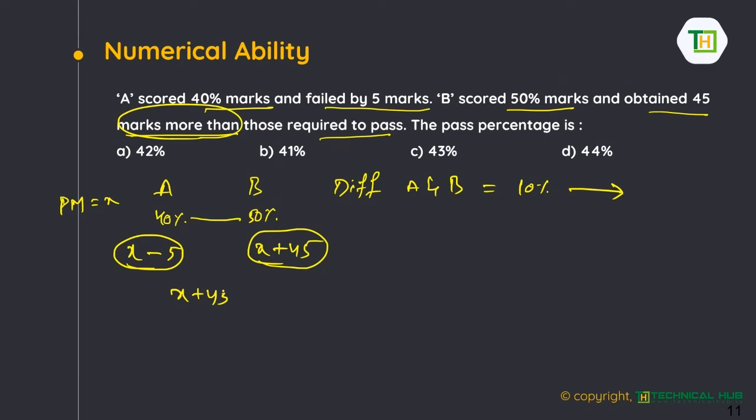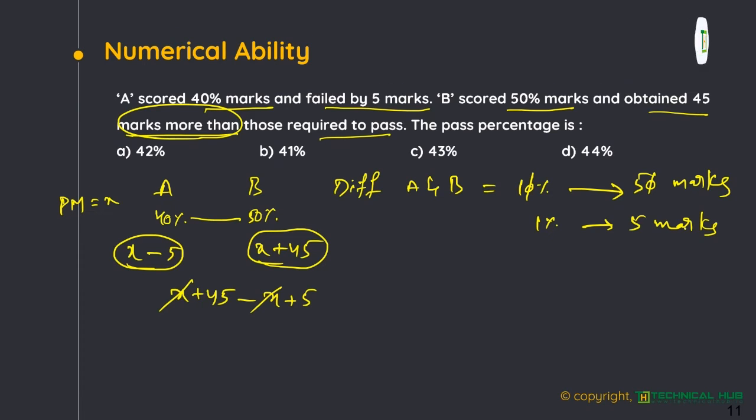Difference means highest value minus lowest value: 45 plus 5, 50 marks. That is the difference between A and B in terms of marks. 10 percentage is equal to 50, then 1 percentage is equal to 5 marks.